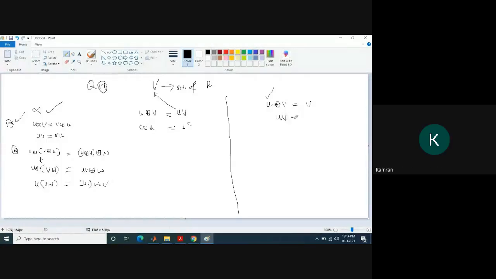So uv is equal to v. This is condition number C. uv is equal to v, and when we cancel v, we get u is equal to 1. So this means that 1 is the identity element, because here the operation is multiplication, and we know that for multiplication 1 is the identity element. So condition number C is satisfied.